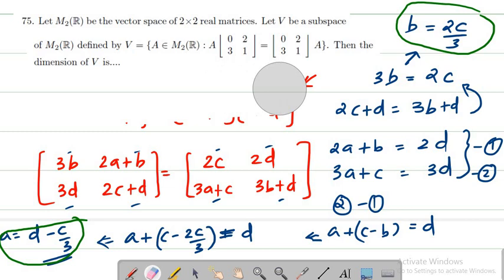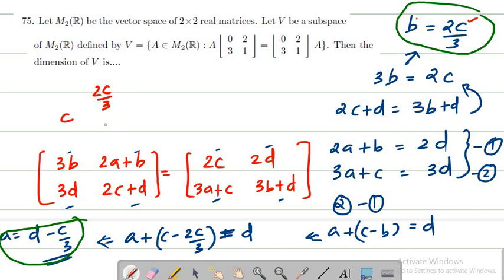Now we need to find out what the dimension is, right? So very clearly you can see here that if you know c, you can write what b is. So if you are writing this general matrix A, suppose we know what our c is, then your b is 2c by 3.